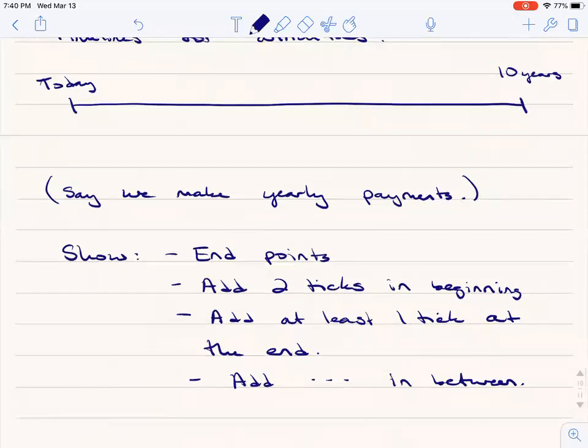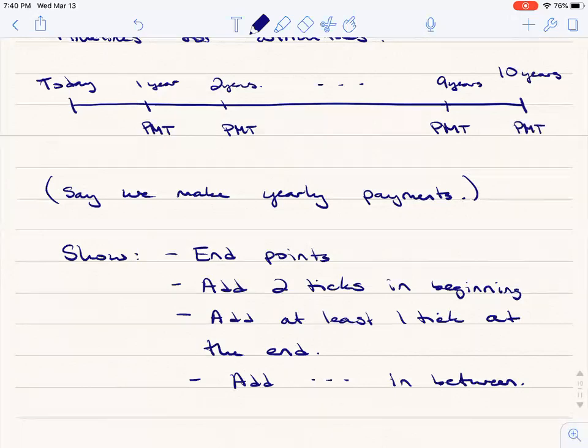So what that's going to look like is you're going to have 1 year, if we're doing yearly payments, 2 years, and so on, 9 years. If the payments are at the end of each year, then we don't have a payment today. The first payment is actually at the 1 year mark. So we would have PMT, PMT, and then the dots just say this keeps going for the years in between. We don't need to show that. And a PMT here and a PMT here.